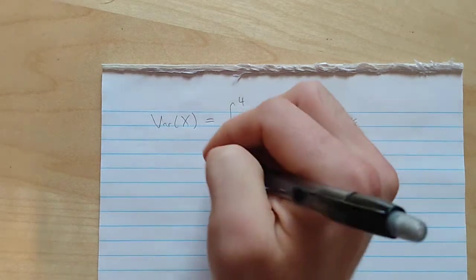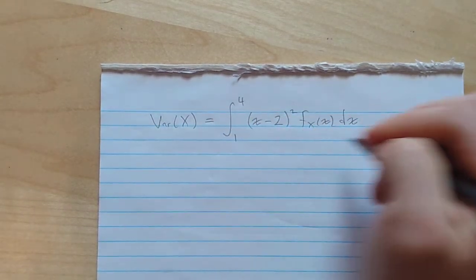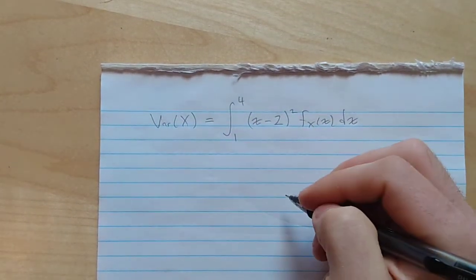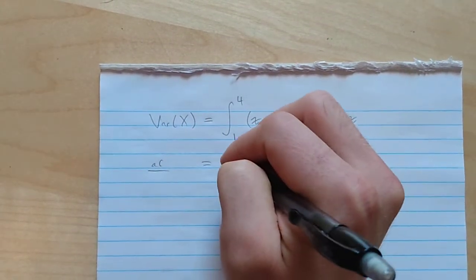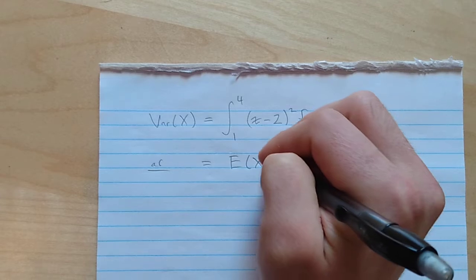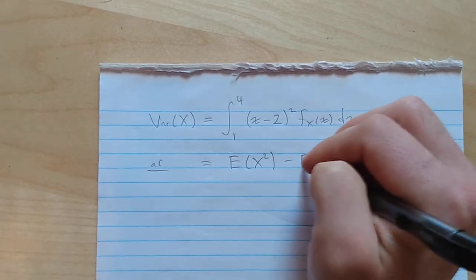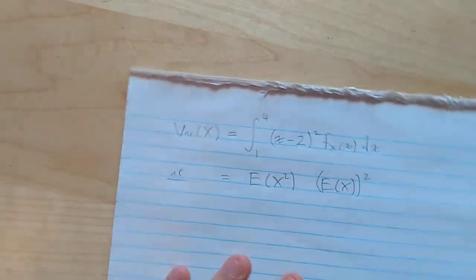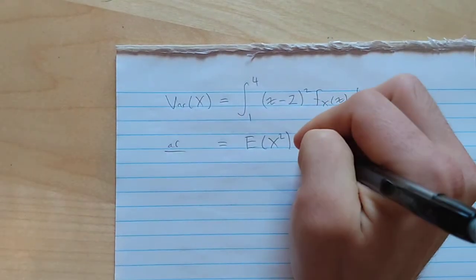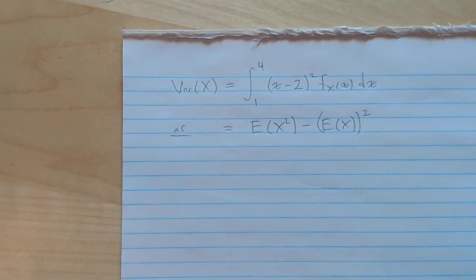But we also know that, remember that we don't have to do this. We could also use the fact that the variance is equal to the expected value of x squared minus the expected value of x, squared. We proved that for discrete random variables, and it's still true for continuous random variables.